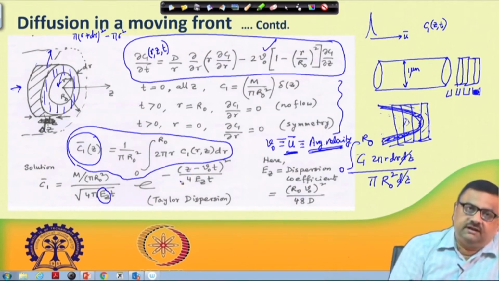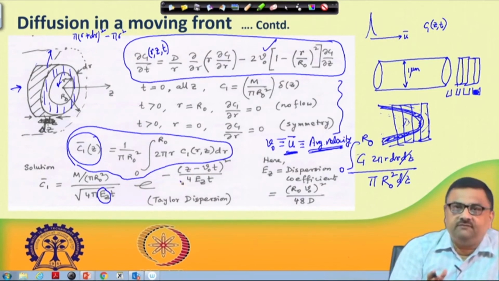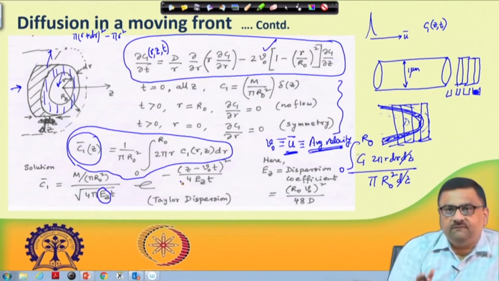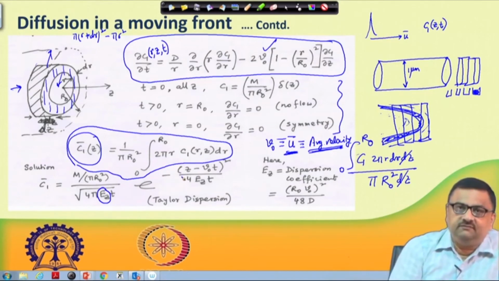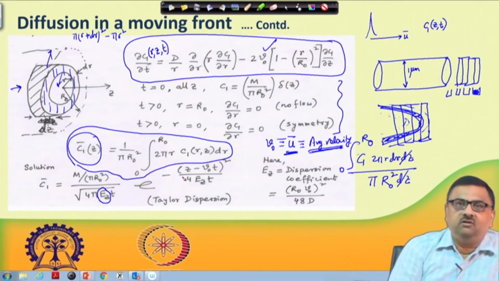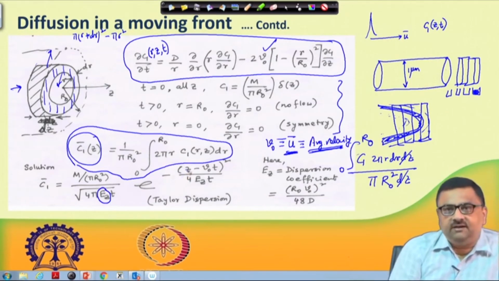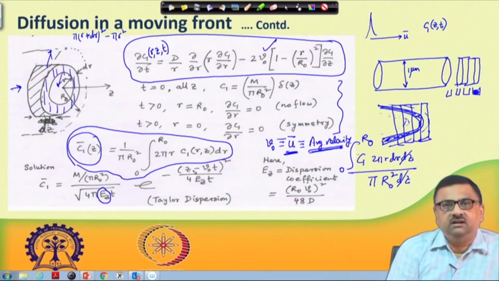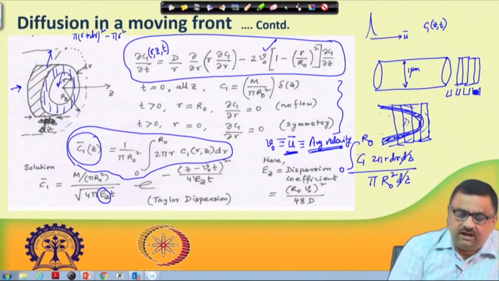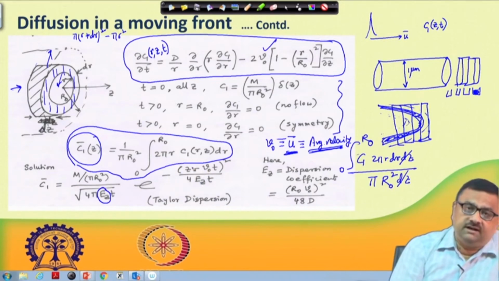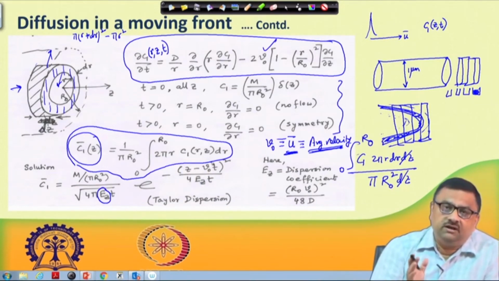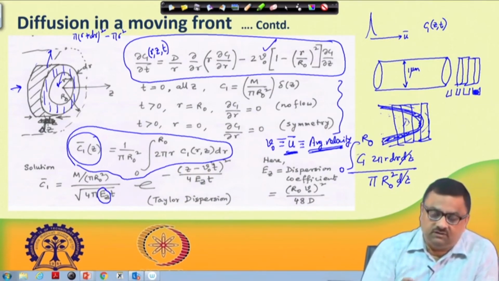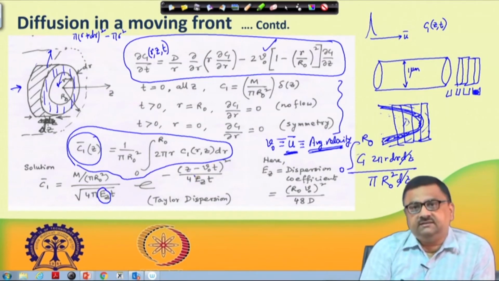Then next what we did is we said, okay, we have a moving front, but with uniform velocity. In that case we talked about a moving coordinate system, and instead of z we subtracted this v naught t. So it became (z minus v naught t) whole square by 4 Dt. But at that time it was z minus u bar t, because there was only one single uniform velocity. Here, in case of Taylor dispersion, we have the average velocity.